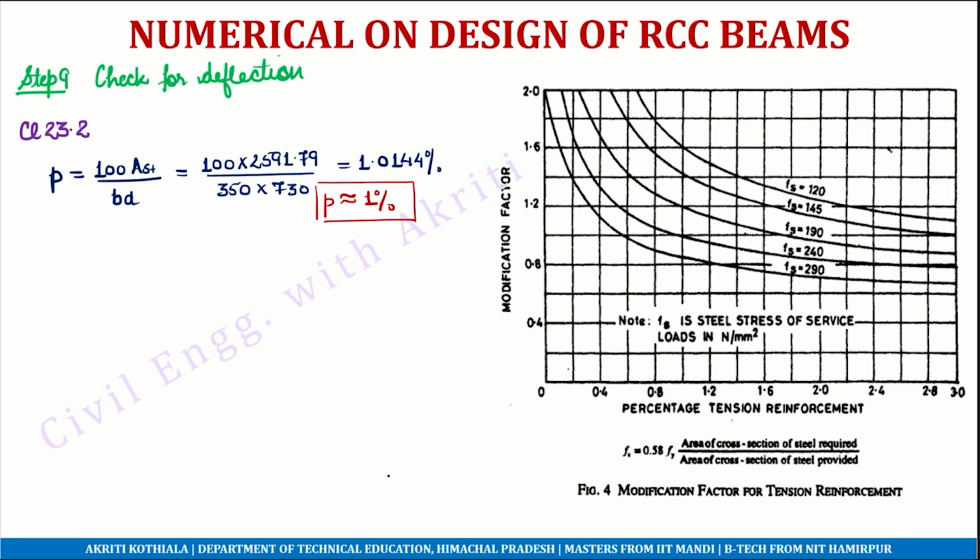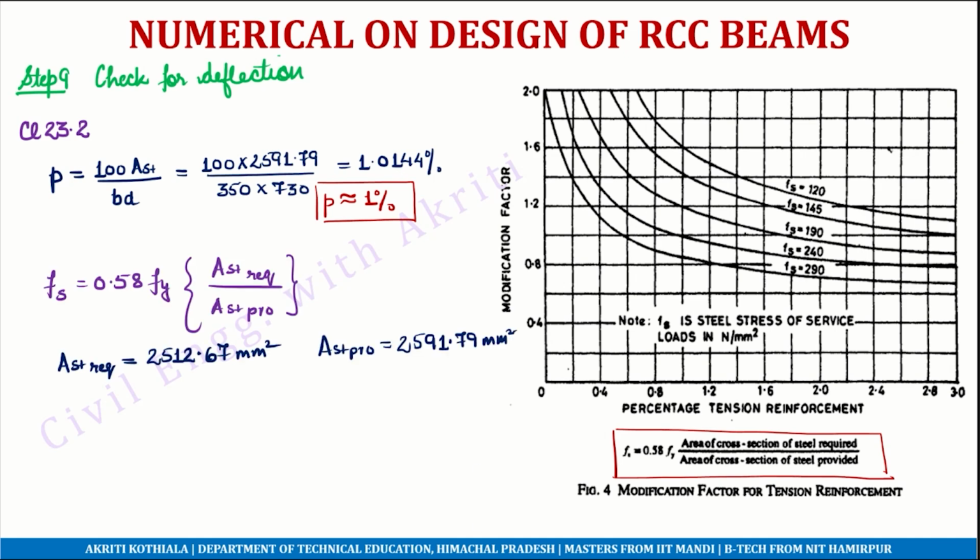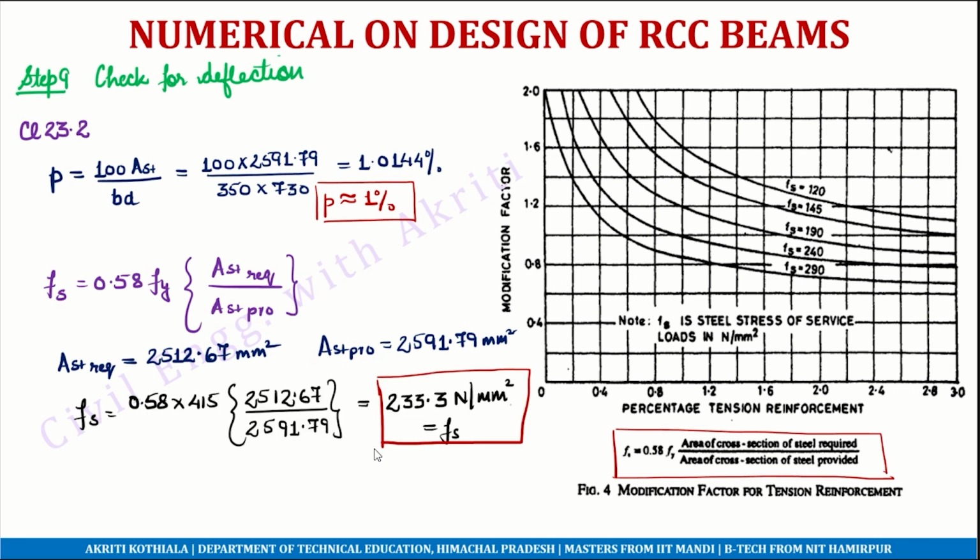Now from this formula given in the figure, we have to calculate the value of Fs. So Fs is equal to 0.58 Fy into AST required upon AST provided. From step 6, we have the values of AST required and AST provided. So we can calculate the value of Fs, which is equal to 233.3 Newton per mm square.